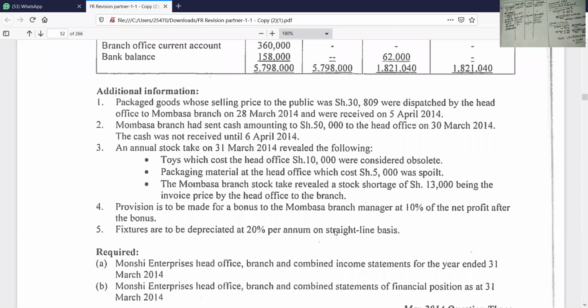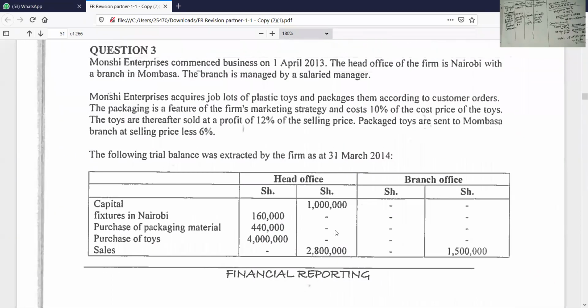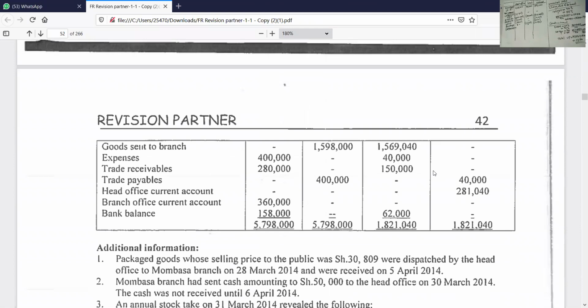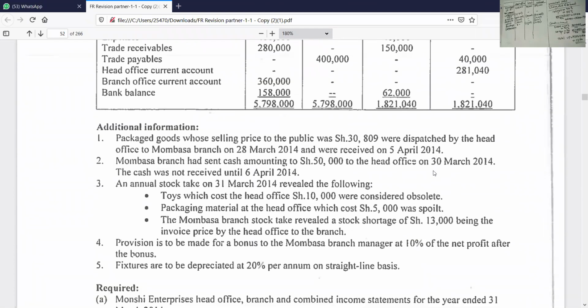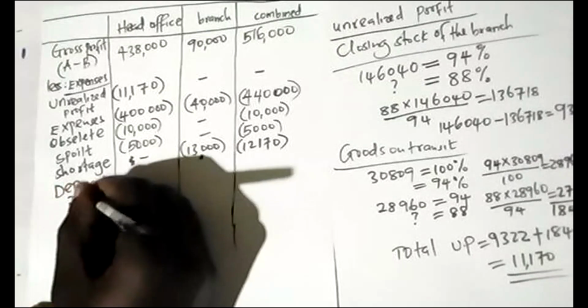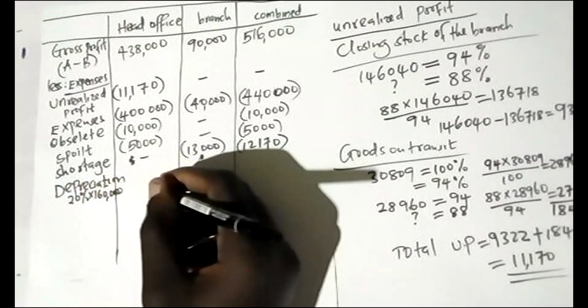And if you go to the question, you can see that fixtures are under the head office only. Fixtures in Nairobi, 160. So I have to take 20% of the 160, and this one will affect the head office. Then I will record under combined.